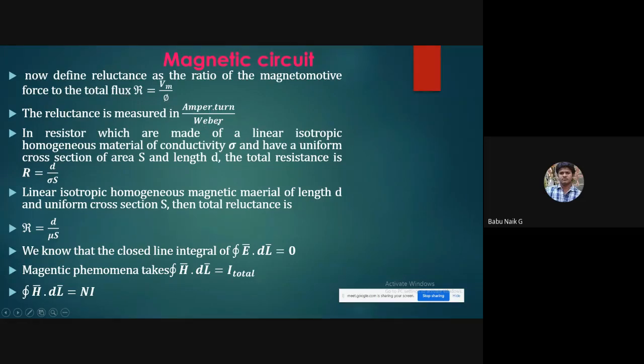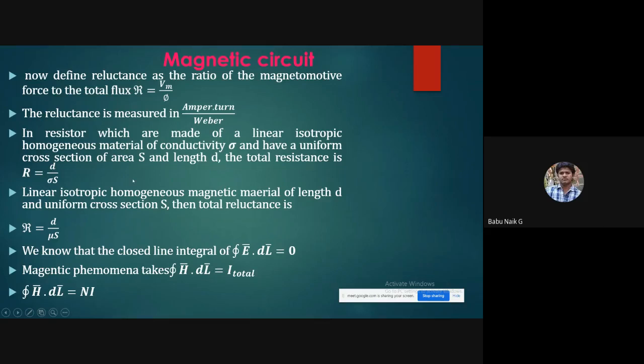Now, for this resistor, the material can be linear, isotropic and homogeneous, with conductivity sigma and the field uniformly distributed over the cross section area S, and the length of the material is d.